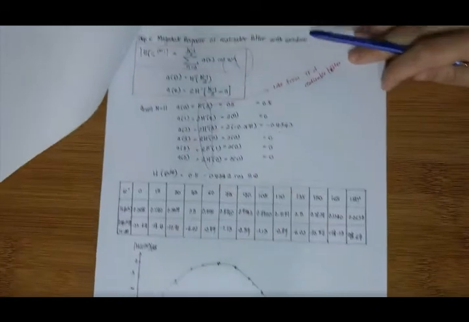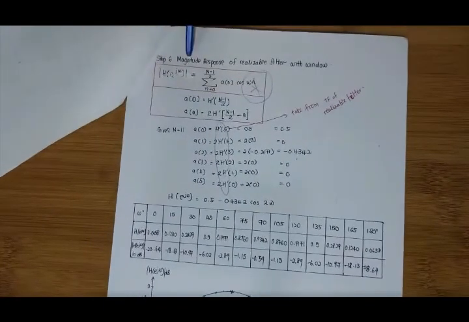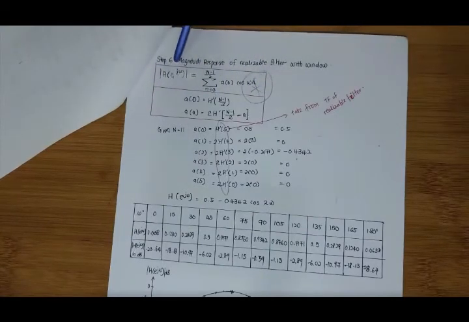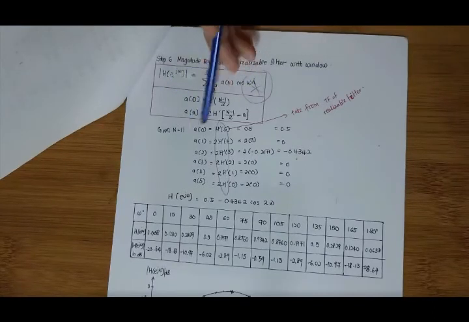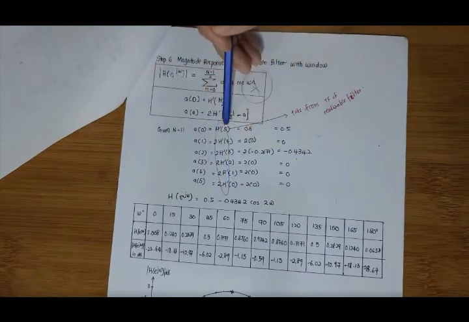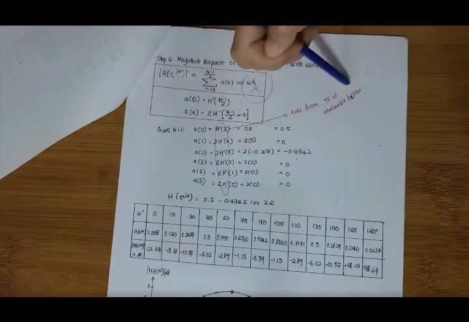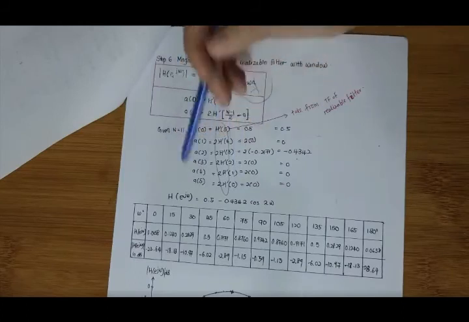Then we go to the next step to find our magnitude response of the realized filter. We must remember this formula. So we will have modulus H exponential j omega equals summation from n equals 0 to m minus 1 divided by 2 of an cos omega n. Here, the value is get from the transfer function, like just now we do previously.